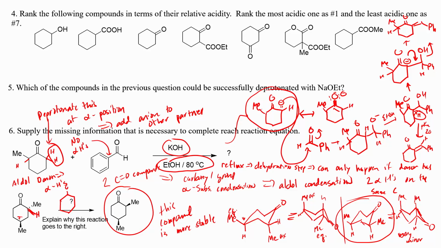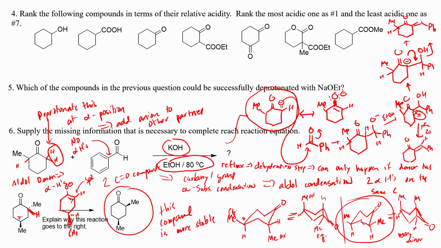Make the enolate. This time I'm going to draw the enolate because this is very important here. The enolate is flat, sp2. One side is the same as the other. Therefore, we've lost the original stereochemistry when we make the enolate.